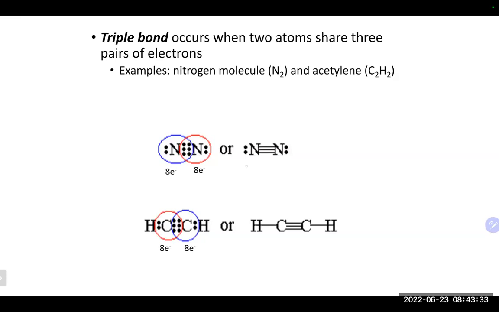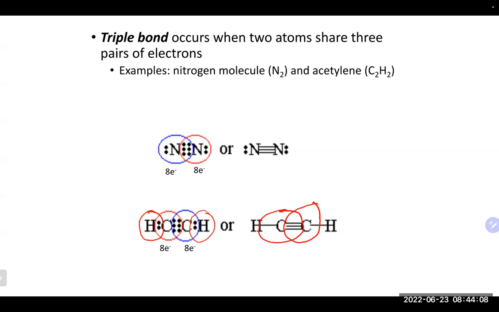By making that triple bond in the middle, it shares those 6 electrons, and with its non-bonding electron pair, gives it 8 total electrons, and 8 on the other side. And that is acetylene, which has a triple bond in the middle. Again, this carbon, by sharing the triple bond, gets to 8, and the same thing for the one on the left. And once again, our hydrogens both achieve 2 electrons.